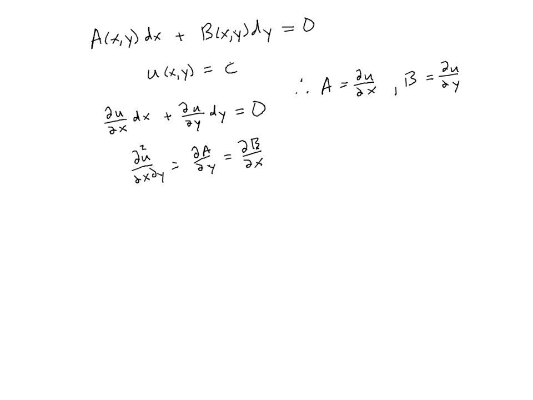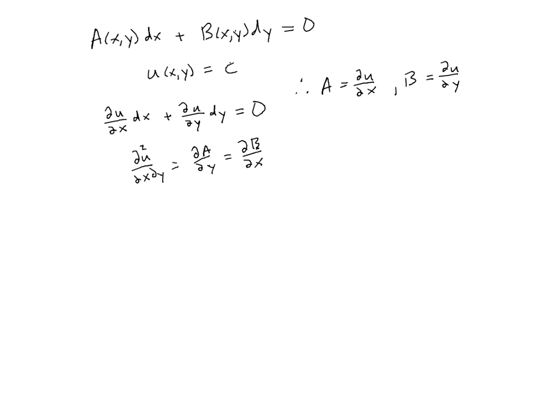So we can use this because if partial a with respect to y happens to be equal to partial b with respect to x, then the solution is u is equal to c, and then all we have to do is find u.